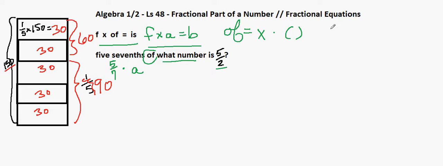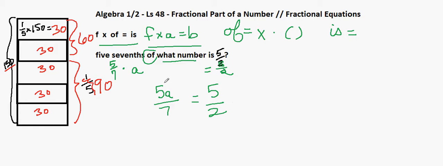Is is another word that has a translation in math speak. Is always equals. Equals 5 over 2, we know. So f times a equals b.